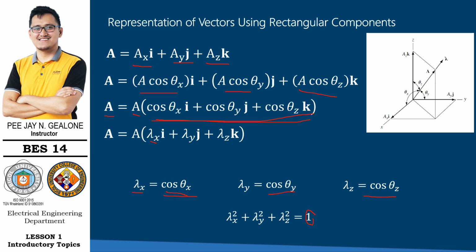In other words, si vector A ay pwede kong isulat as magnitude of A times lambda, where lambda is equal to this particular value. Later on sa examples natin, makikita natin that this notation can be actually useful.